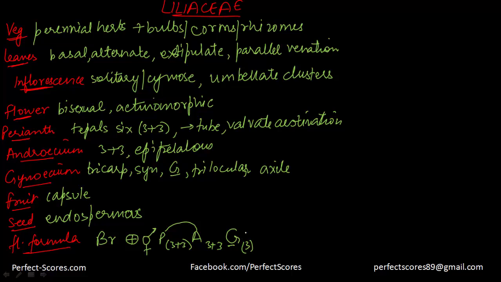So that is the formula, and lots of these plants are good ornamentals. For example, the tulip, or a source of medicine like aloe vera. Lots of vegetables like asparagus, and even colchicine, that is Colchicum autumnale, that is the name of the species.